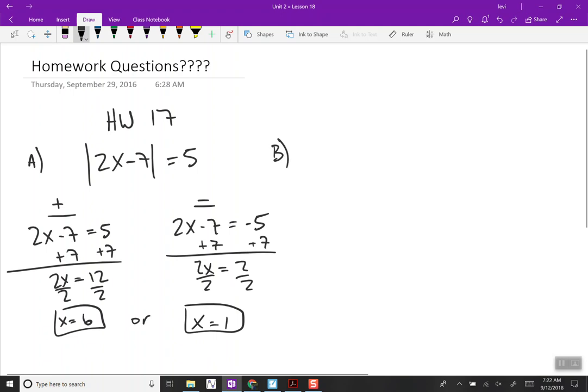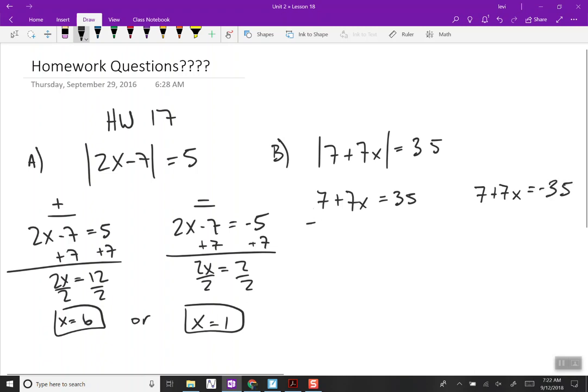B, the absolute value of 7 plus 7x equals 35. So our positive side would be 7 plus 7x equals 35, and our negative side would be 7 plus 7x equals negative 35.